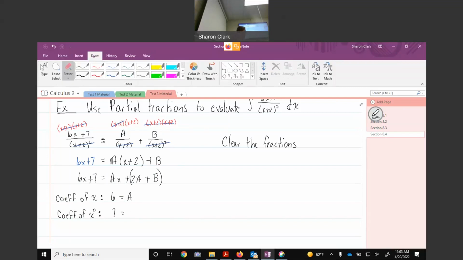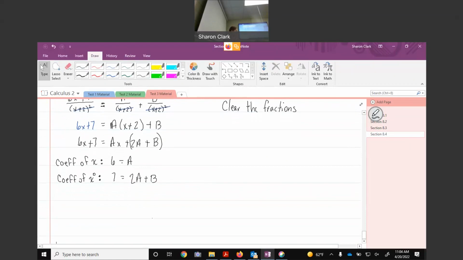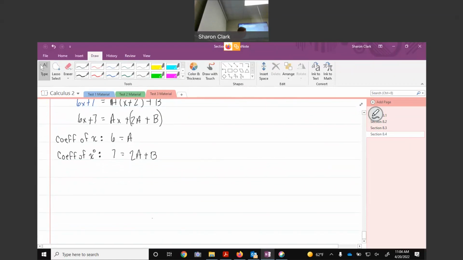It's the exact same equations; 7 is in the same spot as 2A plus B. All right, so we already have A is 6.